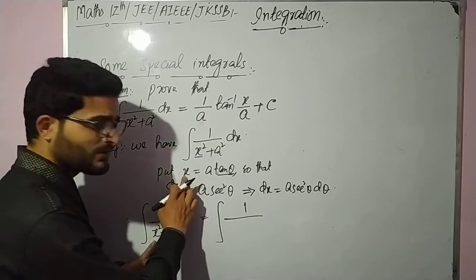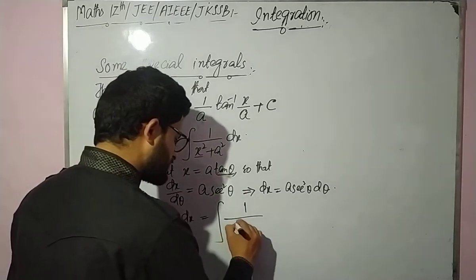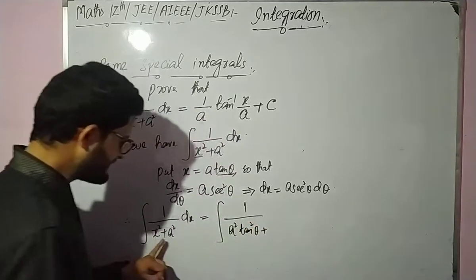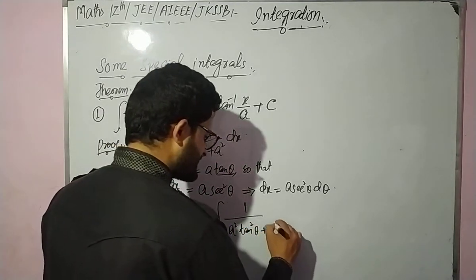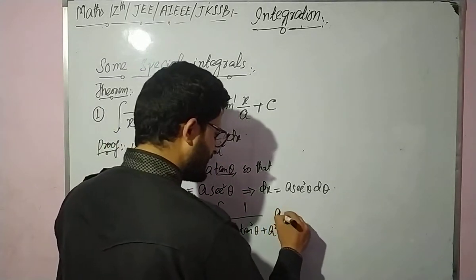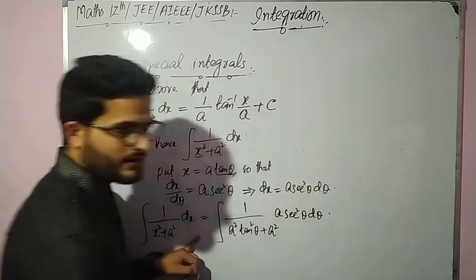Put the value of x, what is that? a tan theta. So x square must be equal to a square tan square theta, plus a square as it is, into dx. The value of dx is a sec square theta d theta.